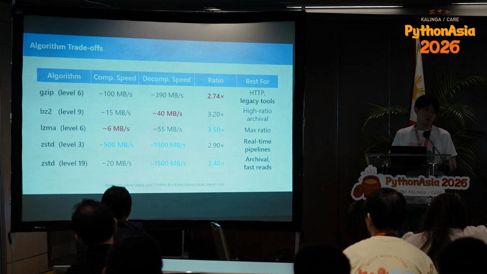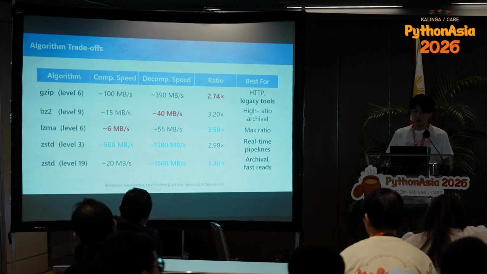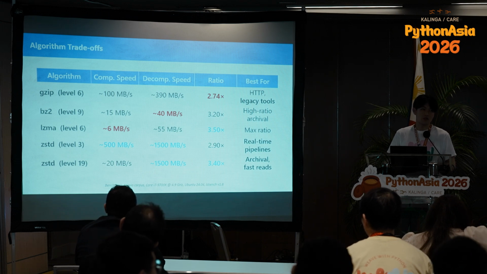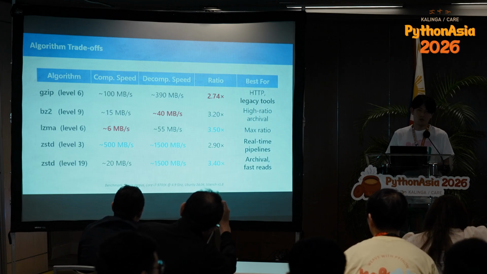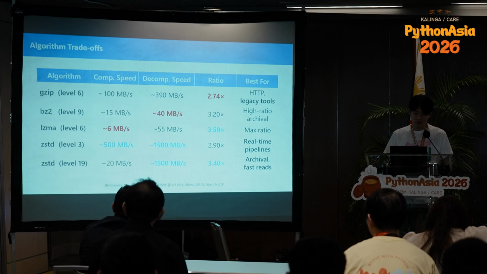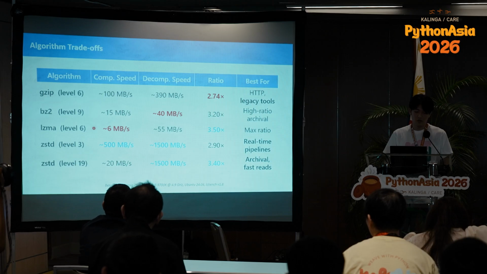This table summarizes the algorithm trade-offs. Among the many compression algorithms, gzip, bz2, and LZMA are often used in Python code. gzip is widely used in a variety of situations and has good speed, but its compression ratio is limited. bz2 and LZMA have a good compression ratio, but their speed is slow.